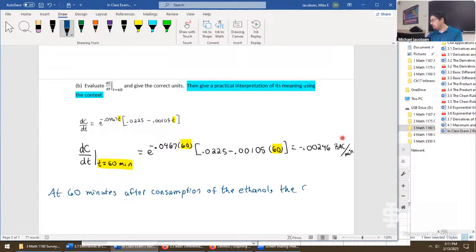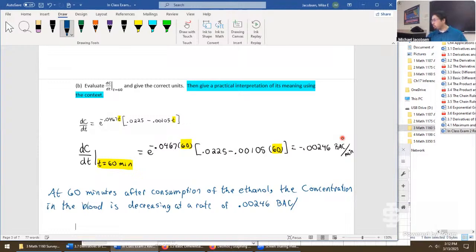The concentration in the blood is decreasing at a rate of 0.00246 in blood alcohol concentration per minute.